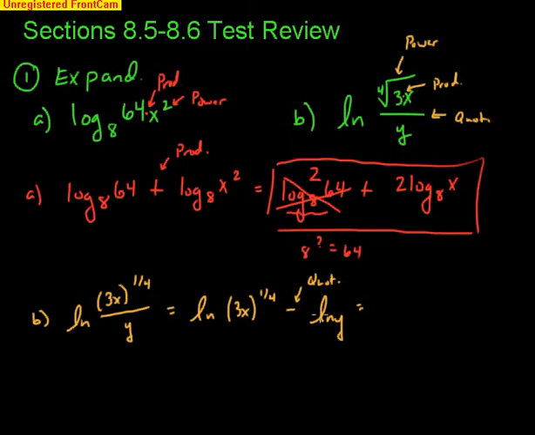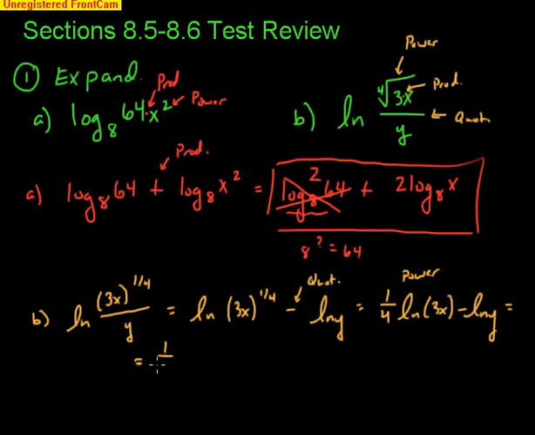Then I'm going to use the power property and bring that 1/4 in front. 1/4 natural log of 3x minus natural log of y. So I just used the power property. And then I need to break up this log using the product property. Now, since the 1/4 is in front of this log, both the 3 and the x need the 1/4.